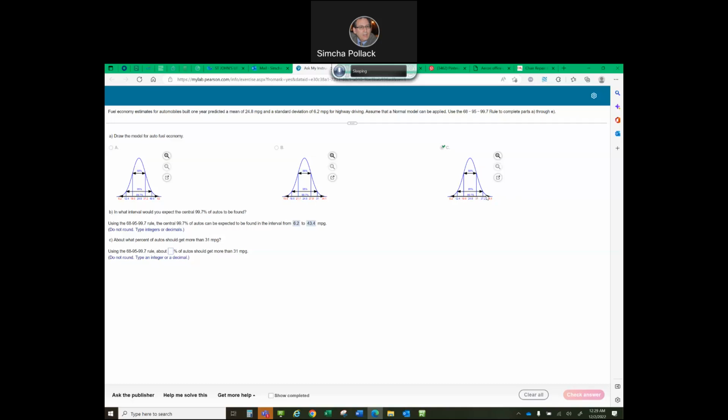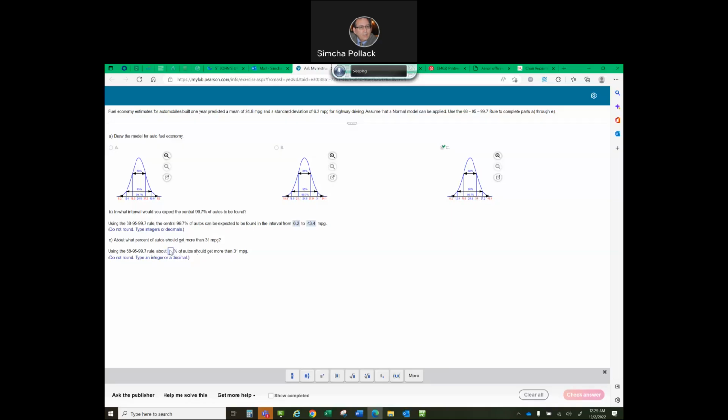That means this piece here has to be 16%, and this piece here has to be 16%. So the answer has to be roughly 0.16, 16%. Again, the logic is that if from here to here is 68%, everything else, because the whole graph adds up to 100%, is 100 take away 68, divided by 2.